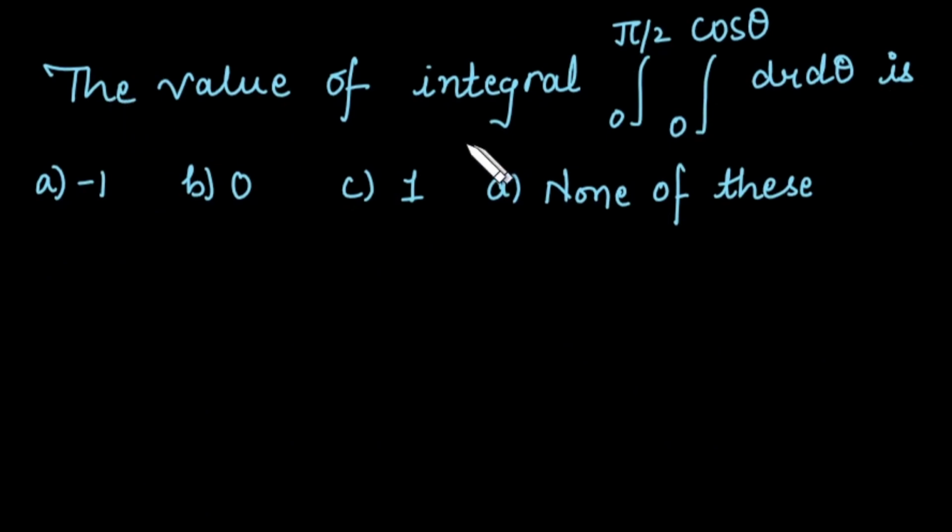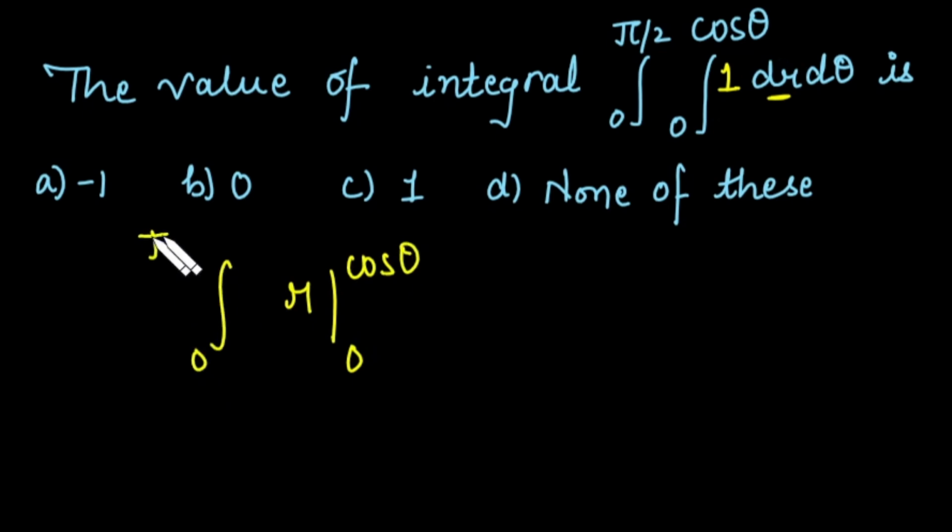Next question is: what is the value of this integral? It's a simple integration in polar form. The function is 1. What is the integration of 1 with respect to r? That is r. The limit of r is 0 to cos theta, and the outer integration is as it is, d theta.